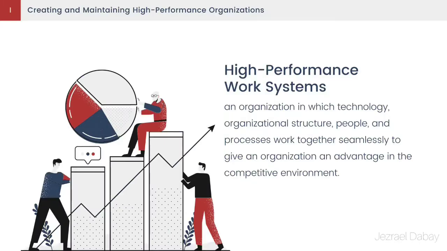To start, let us define high-performance work systems. It is an organization in which technology, organizational structure, people and processes work together seamlessly to give an organization an advantage in the competitive environment. Thus, it is a system that encourages a work environment in which employees have more involvement and responsibility.